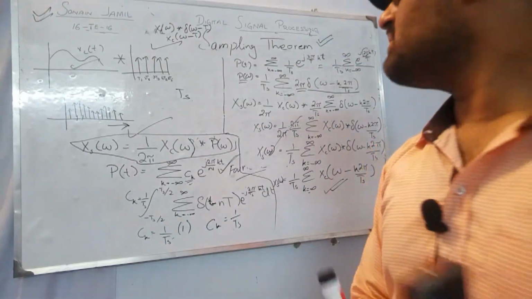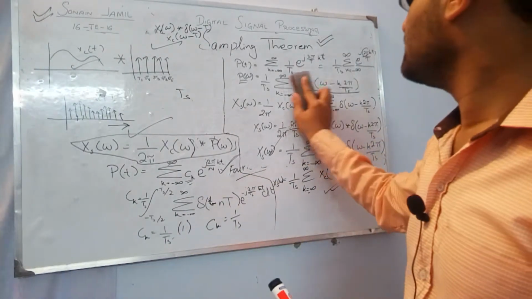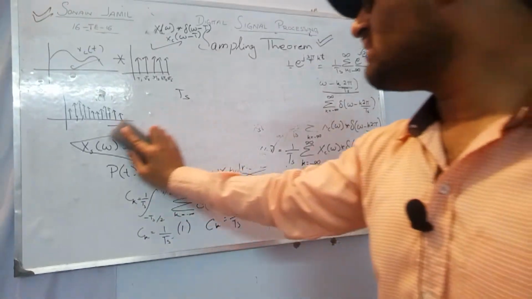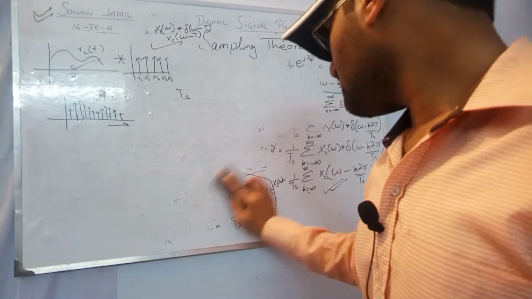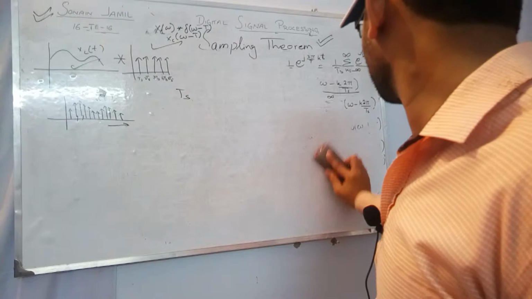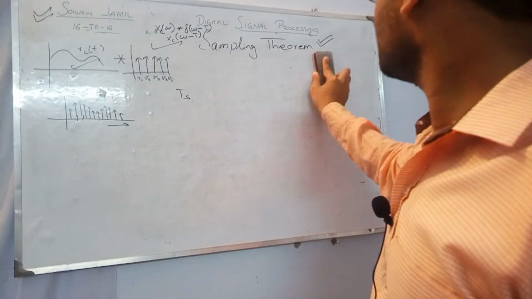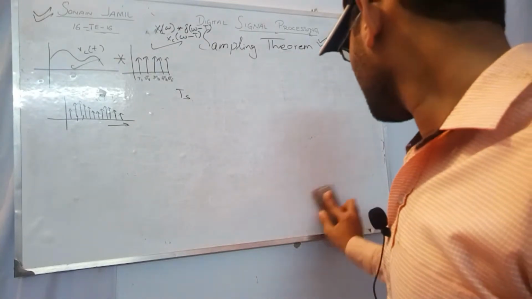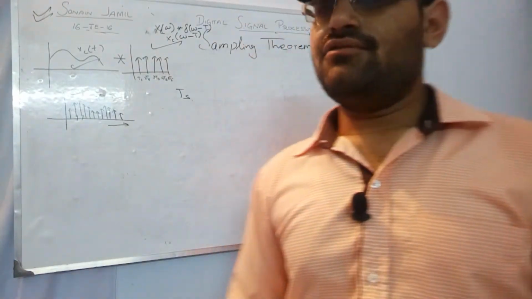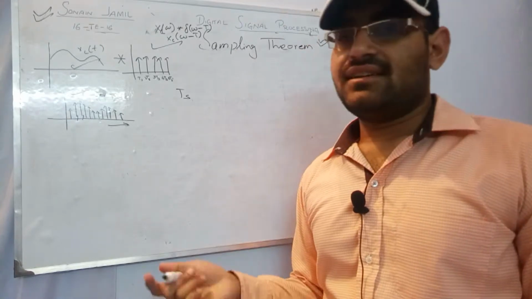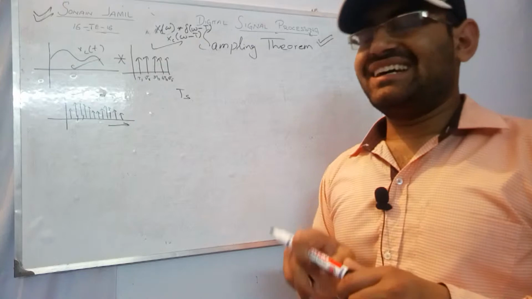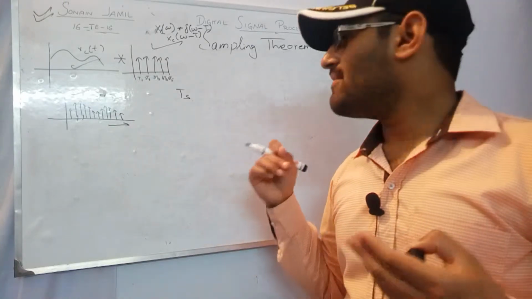So what the sampling theorem says is that if we want to recover the signal, we should sample that signal at 2 f max.